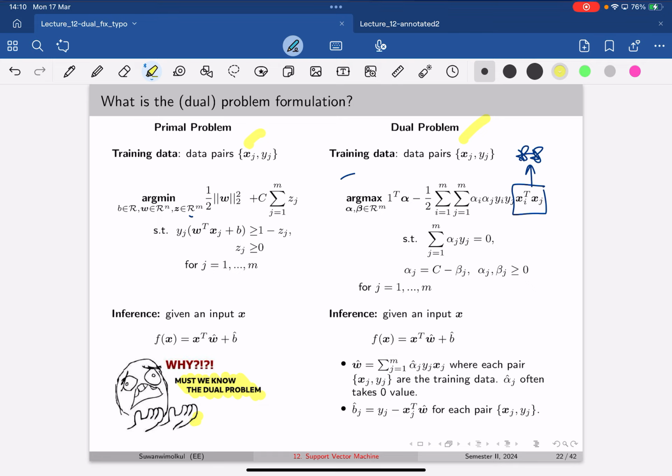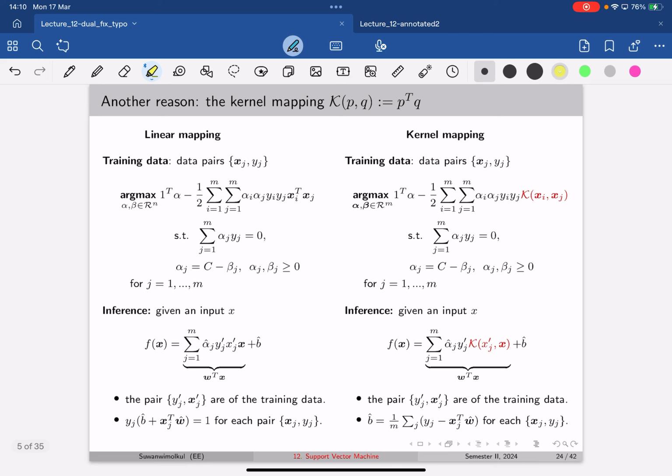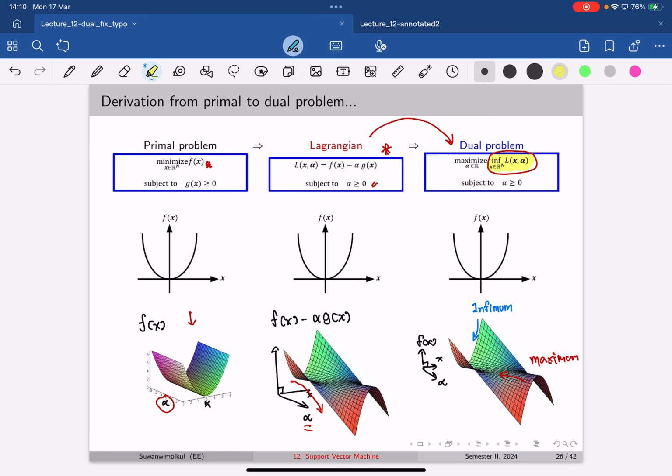All right. Okay. So first of all, I'm not sure if you can remember, but maybe I'll just recap a little bit about Lagrangian primal dual stuff. When we have a primal optimization problem, let's say this problem is a convex problem.